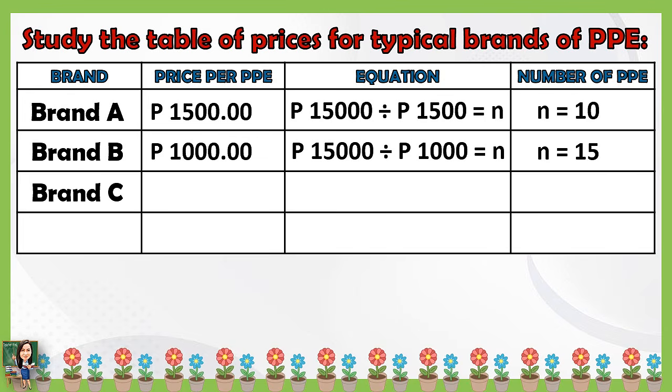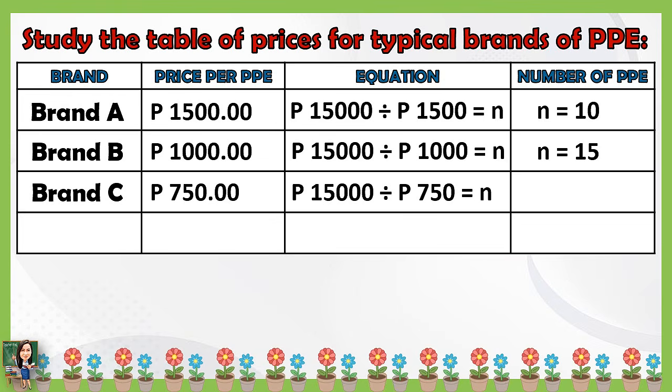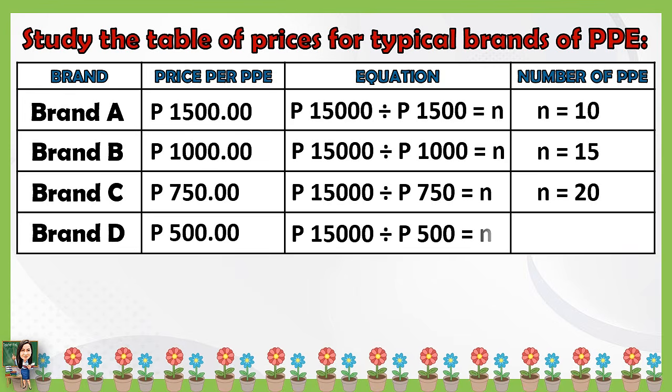For brand C, the price per PPE is 750 pesos. The equation is 15,000 ÷ 750 = N. And the number of PPE is 20. And for brand D, the price per PPE is 500 pesos. The equation is 15,000 ÷ 500 = N. And the number of PPE is 30.